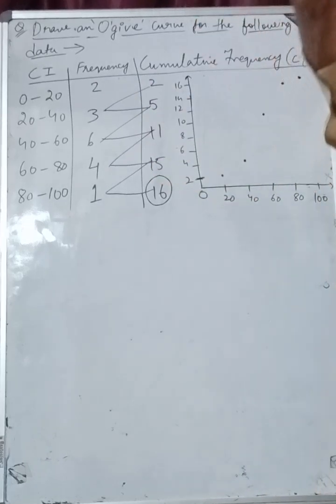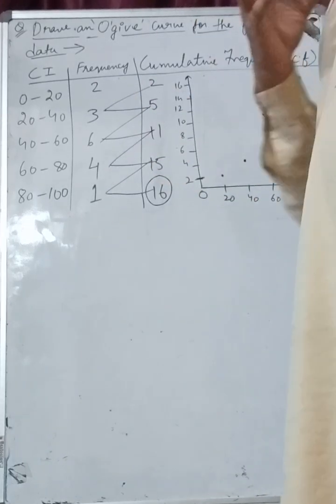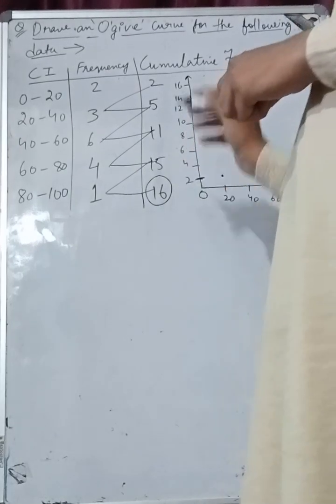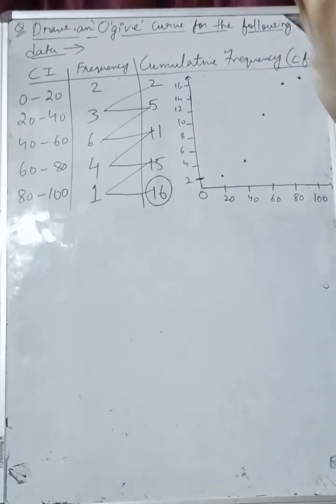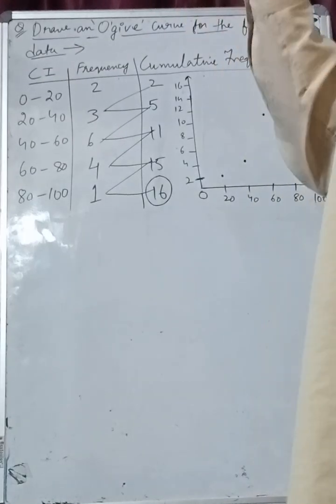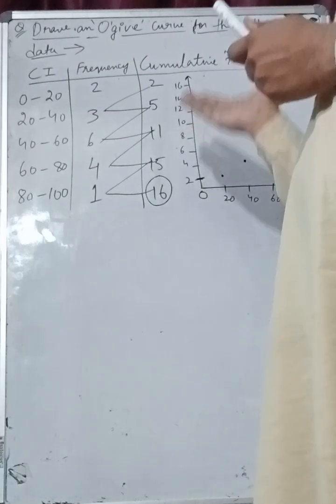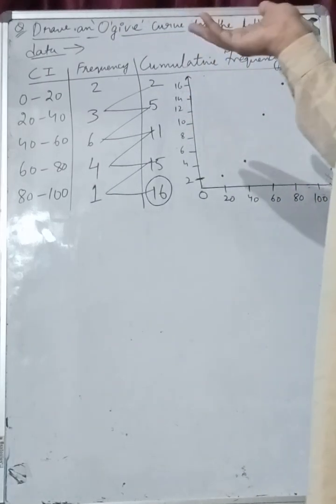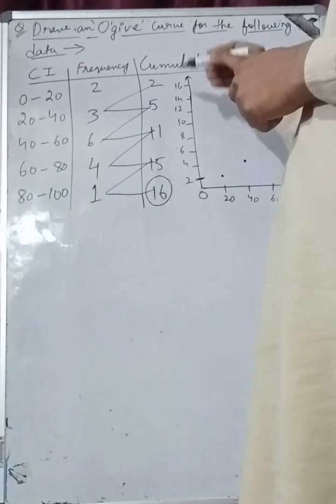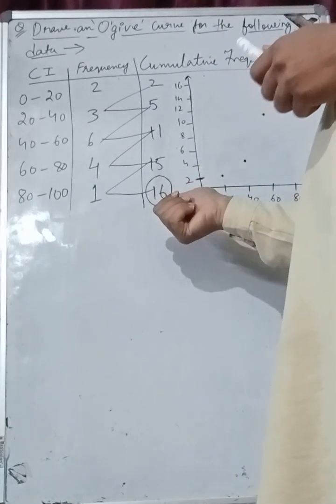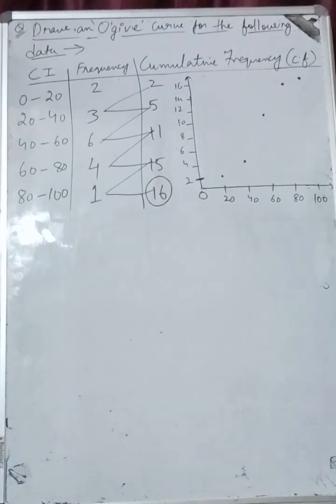The last value over here is 16. You don't need to calculate each frequency and tell the number of odd or even observations like in raw data. In discrete series or continuous series, you just have to find the cumulative frequency and take out the last value.